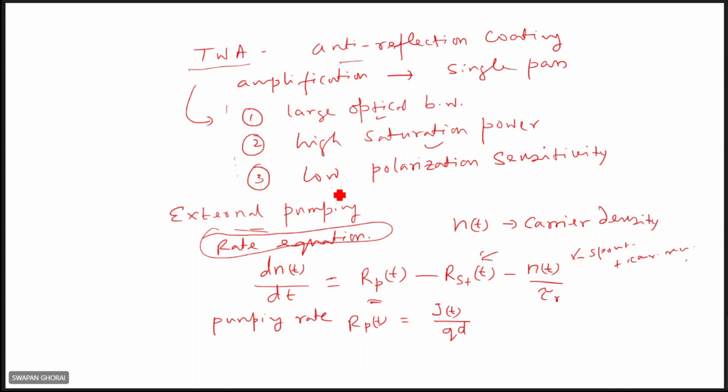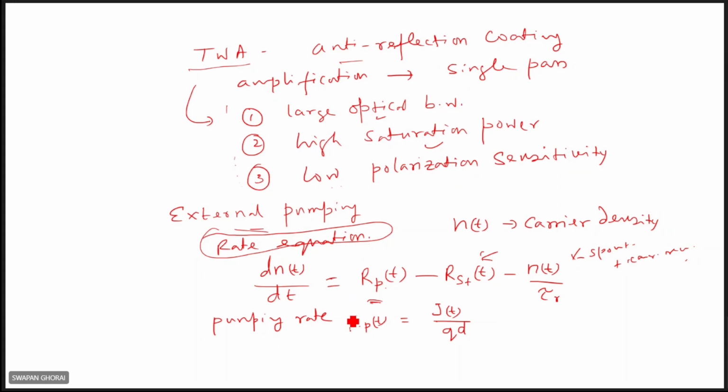Right. And this pumping rate RP, for semiconductor optical amplifiers, depends upon the current density, the injection current. So J by qd is the pumping rate, the number of carriers injected.